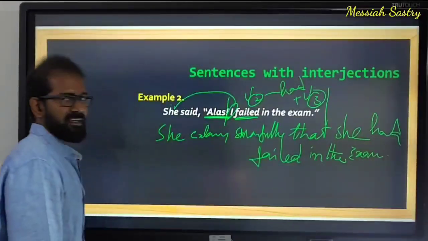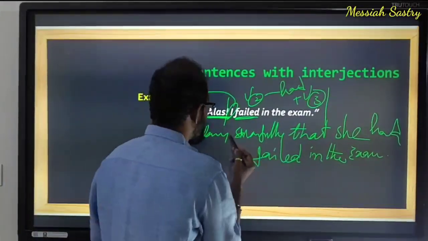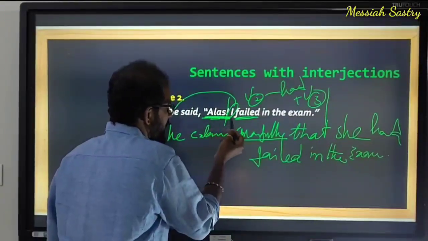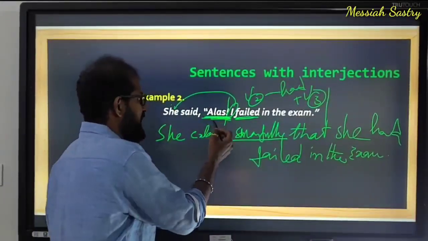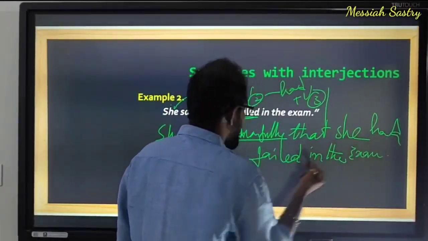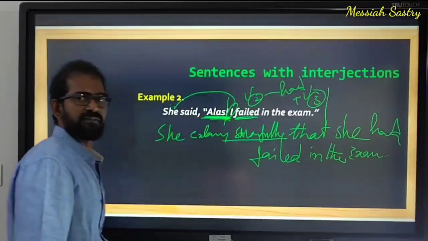Why should I use the word sorrowfully here? The interjection here refers to sorrow: alas, ayyo, alas. So she exclaimed sorrowfully that she had failed in the exam, and it ends with a full stop.